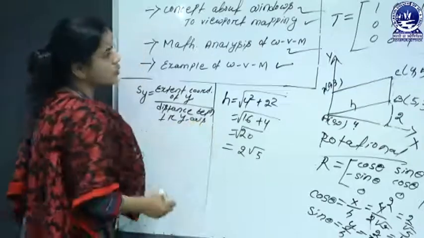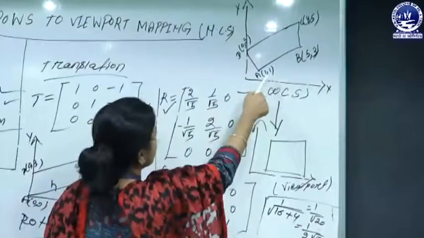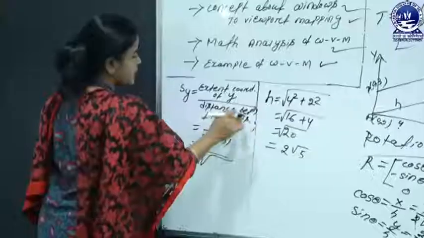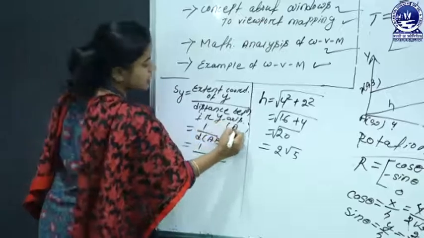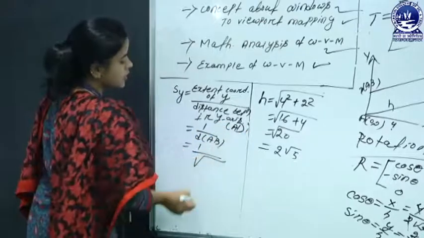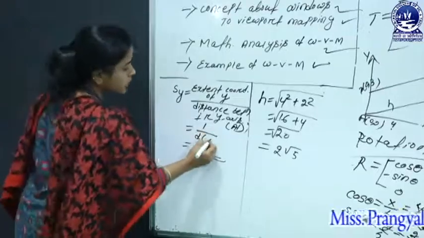That means the y-axis coordinate of this given object, from A to D. So now we have to find the distance value of AD.